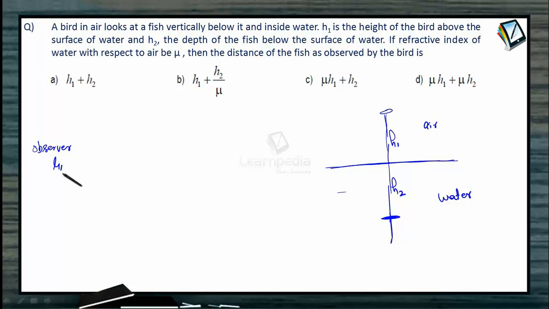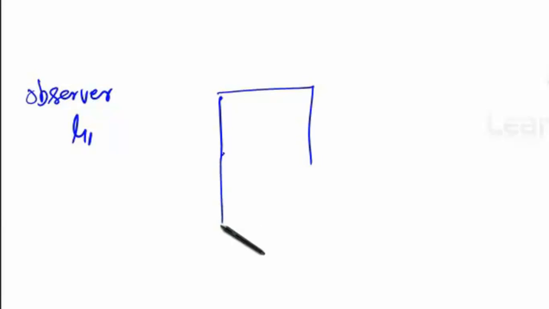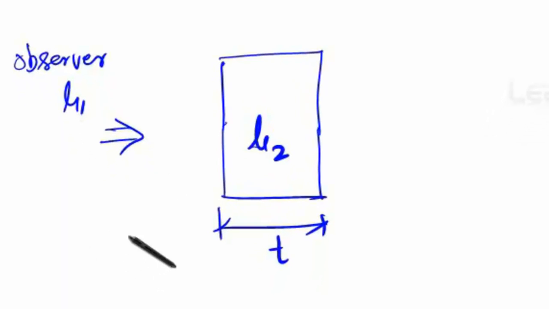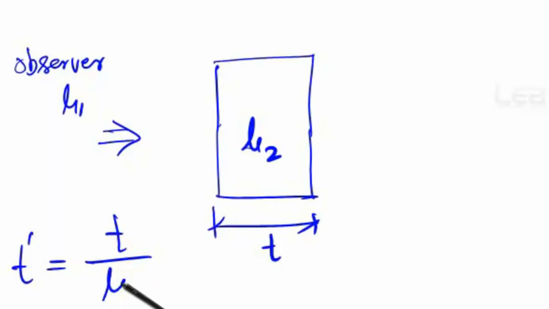So suppose that mu1 is the observer's medium and mu2 is the medium of some other material medium. Here it is, suppose T is the thickness and mu2 is the refractive index. So observer is there in medium mu1 and observes this, then the thickness of this medium to this observer will appear as T divided by mu.